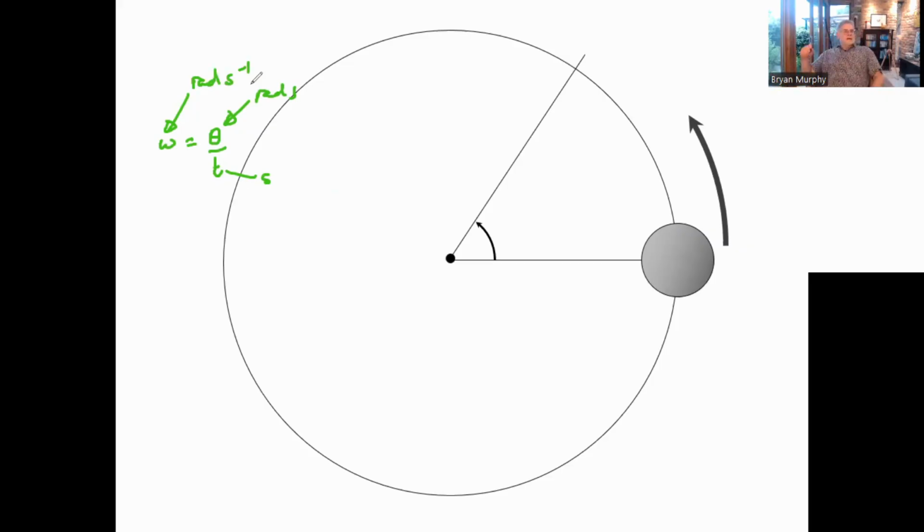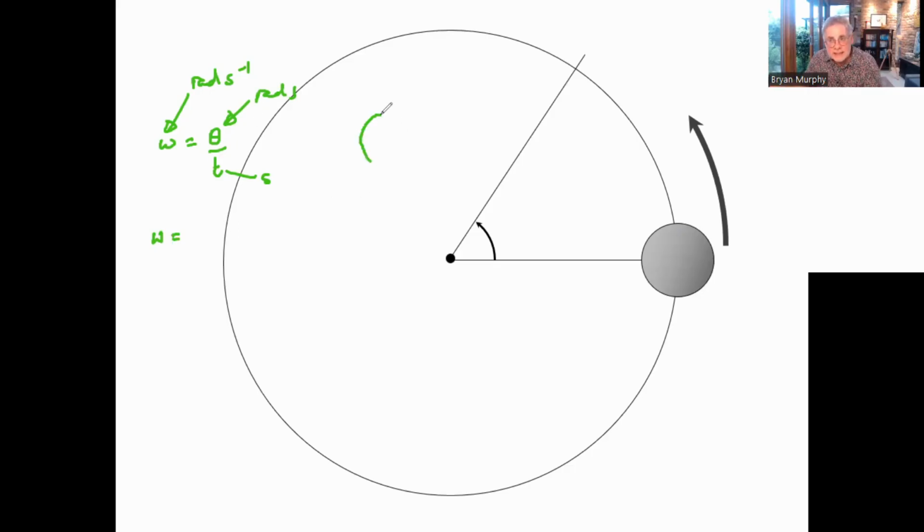So a nice question would be an AQA question. I've seen this as an AQA question. It would say something like, what is the angular velocity of a second hand? And omega equals radians.